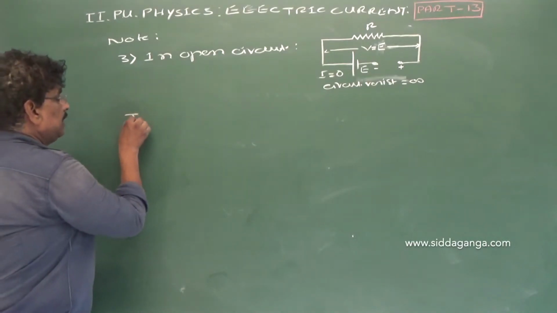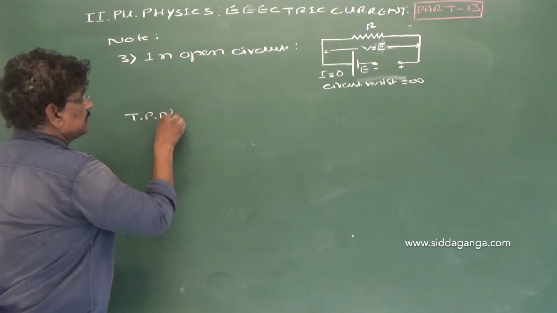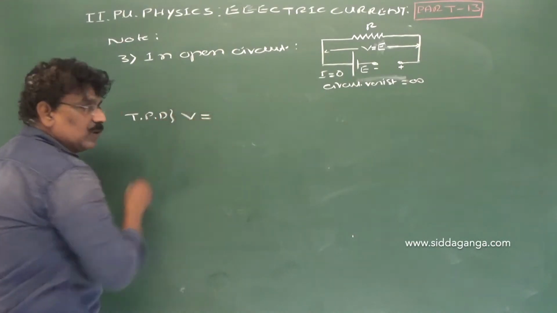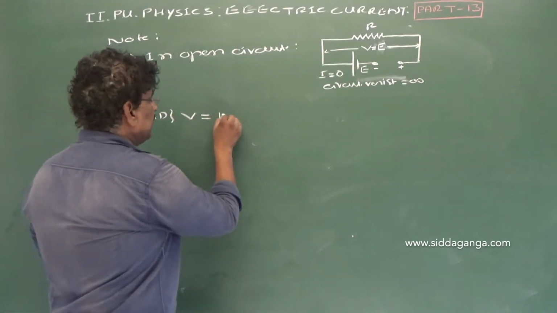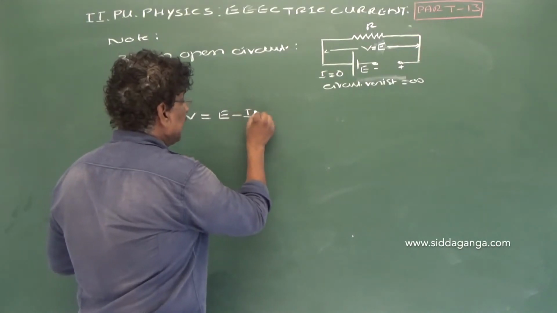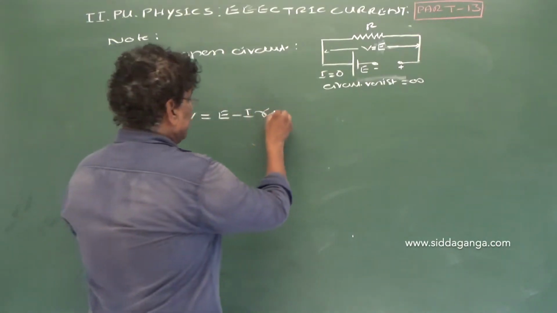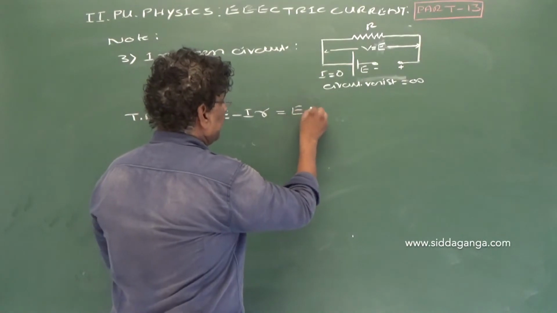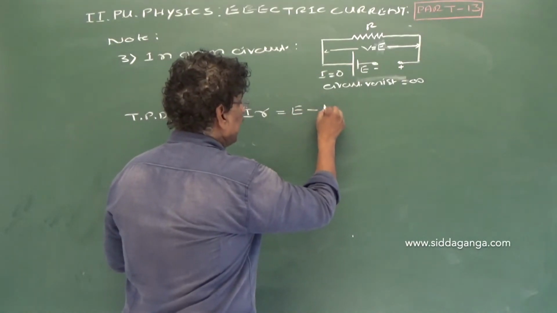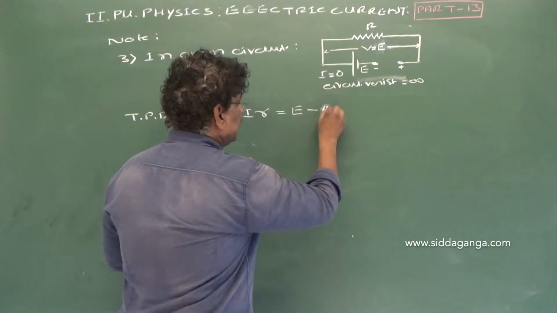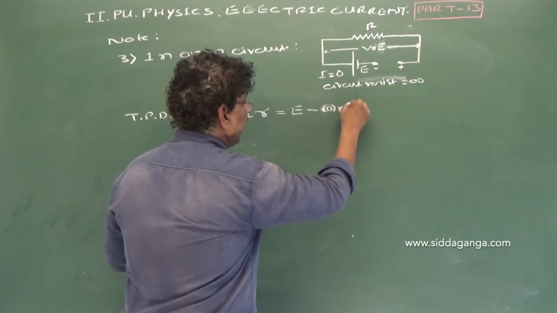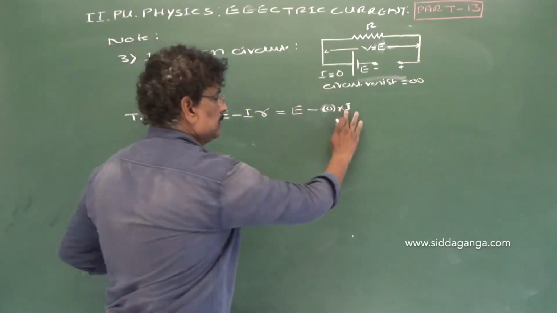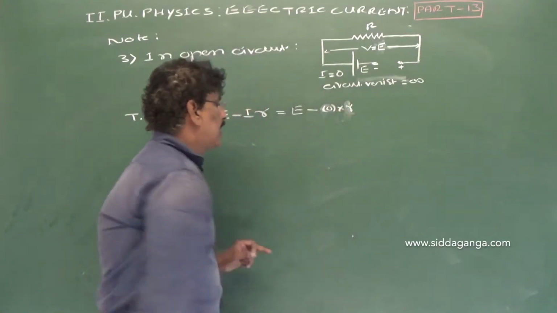Now, terminal potential difference V is equal to E minus Ir, that is equal to E minus 0 into small r.